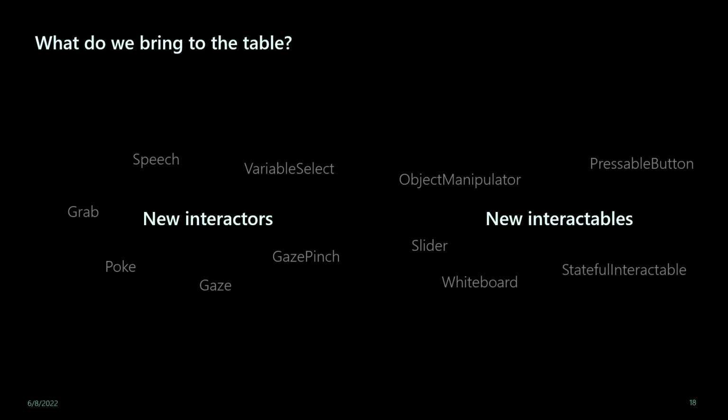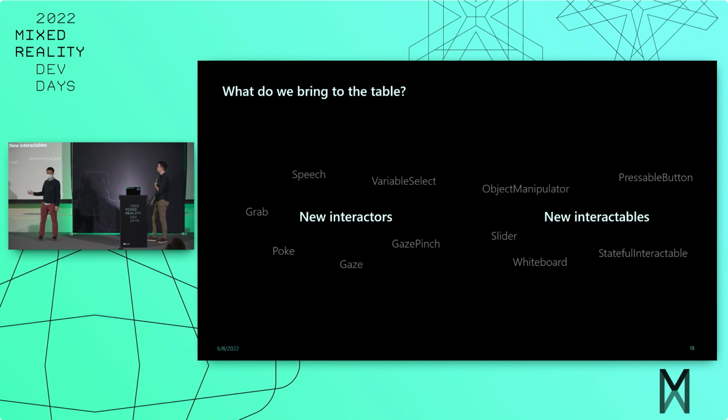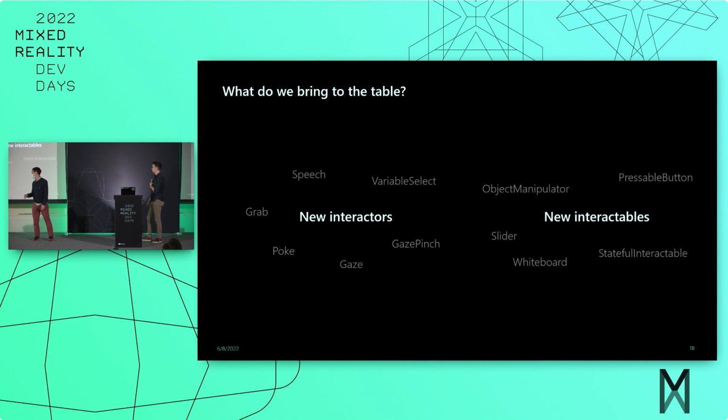Yeah, so we've talked a lot about how easy it is to build new things on top of XRI, but what new things are we building on top of? Here on this little word cloud, we've introduced a handful of new interactors and interactables that we've built for MRTK on top of XRI. So under the interactors, you're going to see some things that are kind of typical. They may have existed in V2 even.